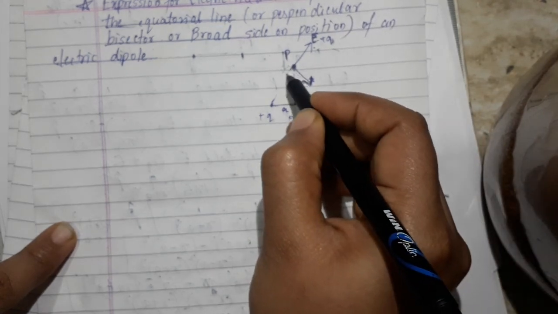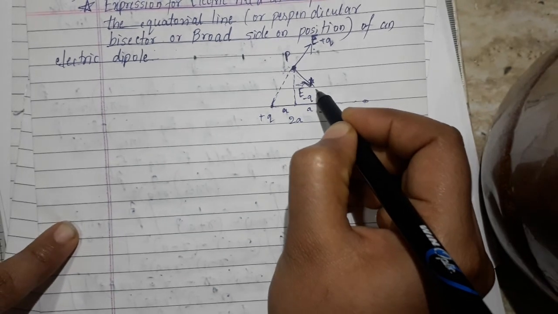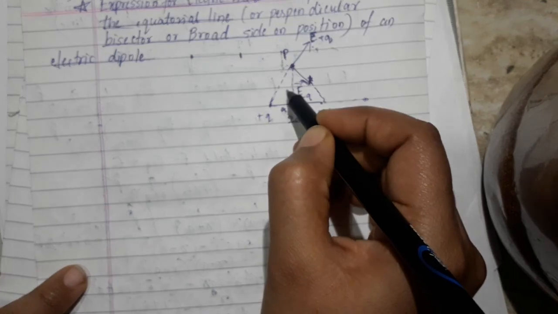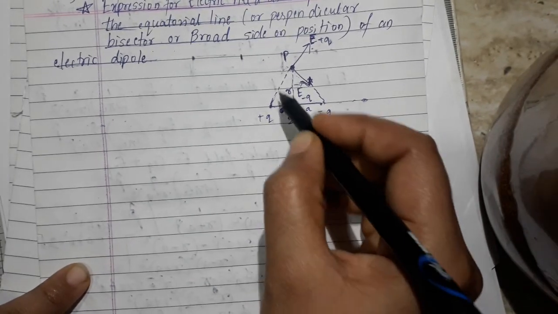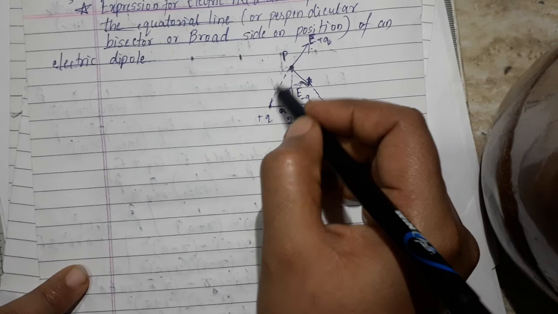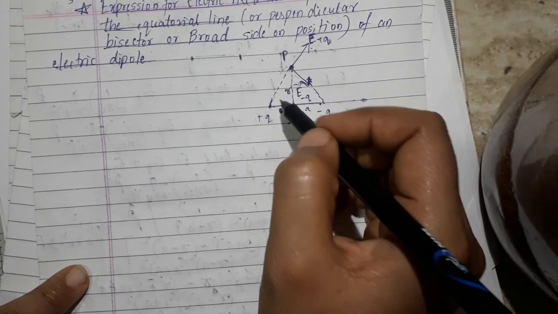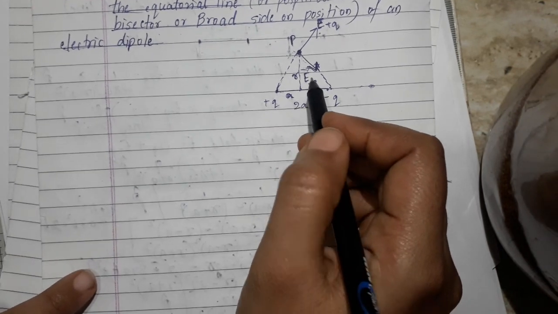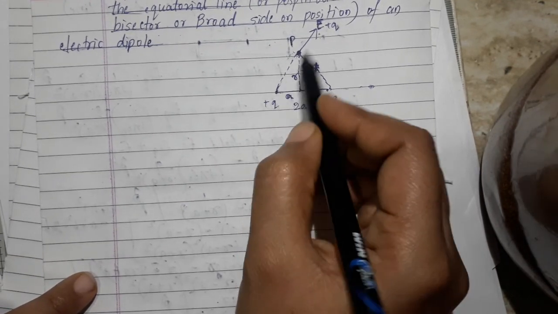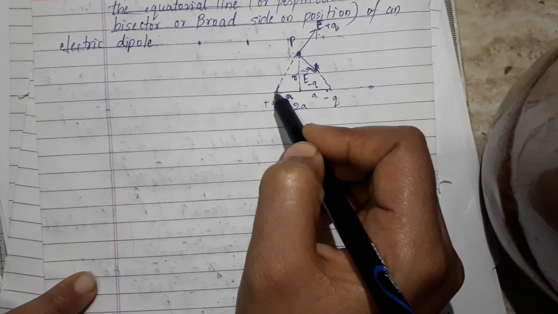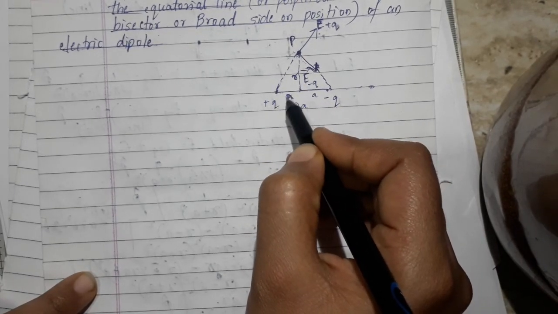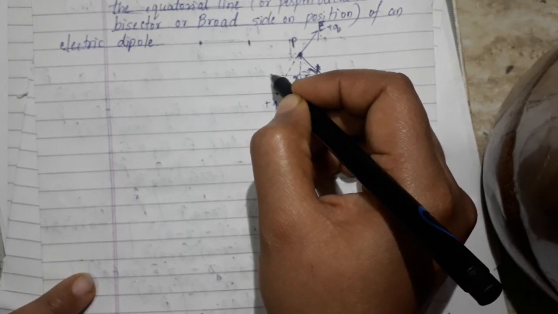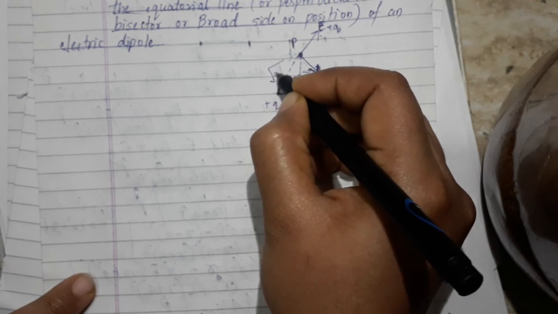I can try to draw an imaginary triangle. Let us take this equatorial line distance r, and this is a. We can find this distance by Pythagoras theorem, as it is a right angle triangle. The hypotenuse is equal to root of a square plus r square.